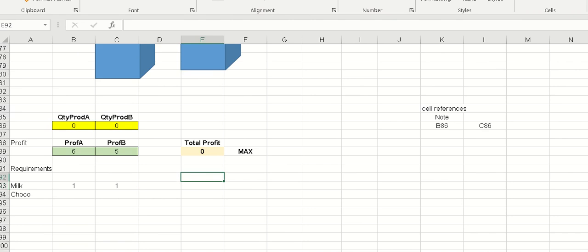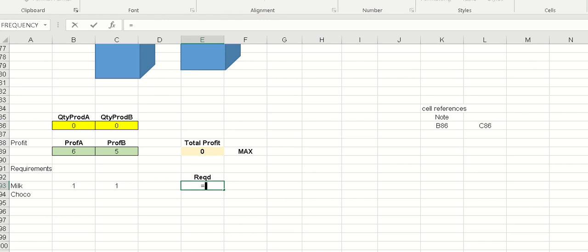So the total required milk, the total requirements for milk, is what? You have to multiply only this to this. That's why I wrote it here. It is a very important reference cell.